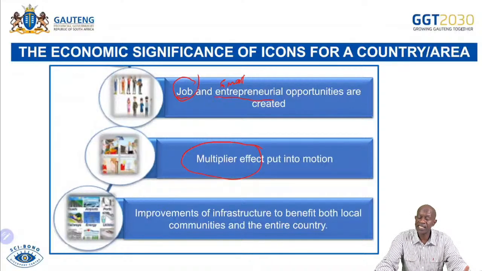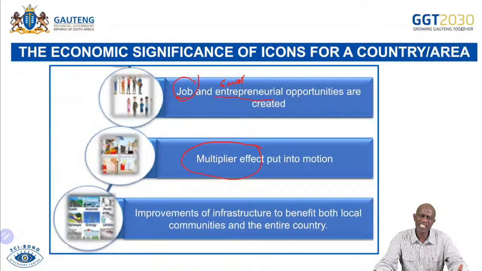Improvements of infrastructure to benefit both local communities and the entire country. So when we have a tourism attraction or an icon, it means we'll have to build roads to access such an attraction. We need to build good infrastructure like 5-star hotels. We need to build other forms of infrastructure like telecommunication networks to enable smooth booking to the facilities.